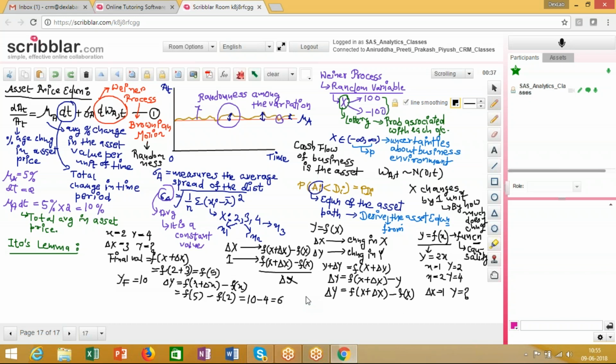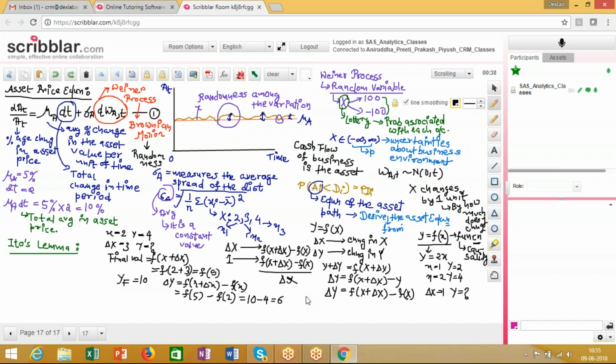So 10 minus 4 is equal to 6. So what I see is that when x has increased from 2 to 5, the value of y has increased from 4 to 10, which is, it has increased by 6 units.